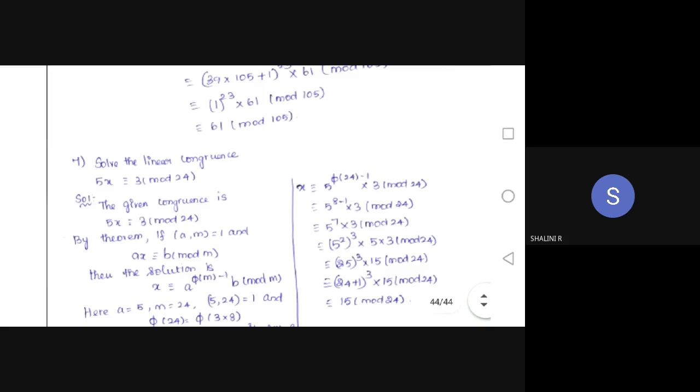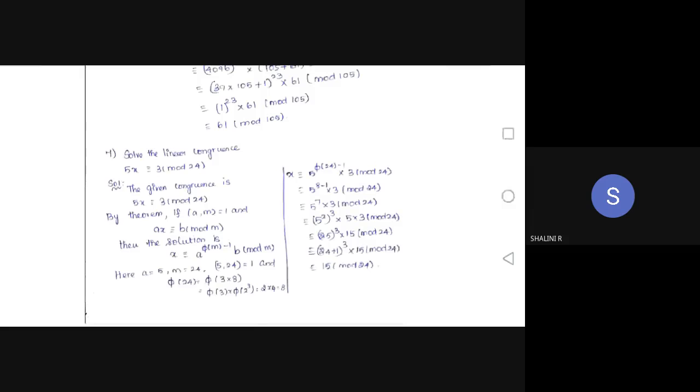Okay. So the next problem: solve the linear congruence 5x is congruent to 3 under mod 24. This problem is similar to the previous problem.